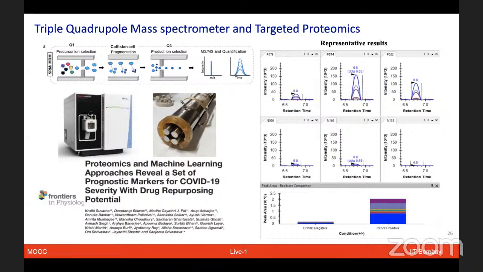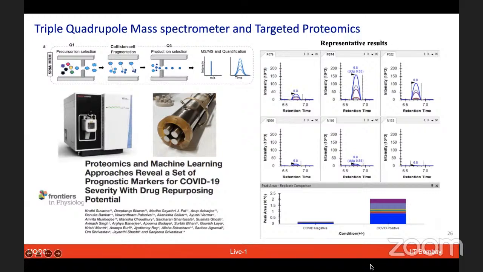That's where different types of clinical assays are being developed, like a substitute for ELISA, right? The way ELISA happens in clinics with antibody-based testing, could we still do the test without the availability of antibodies? That's where the idea was to look into targeted proteomics-based assays. So Avinash is going to show you the triple quad mass spectrometer and how these assays could be developed to specifically detect the virus as well as the prognosis of patients.